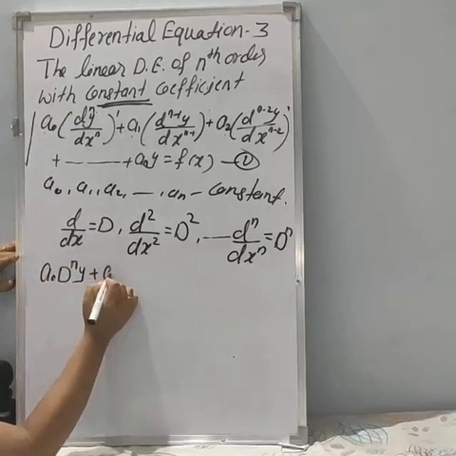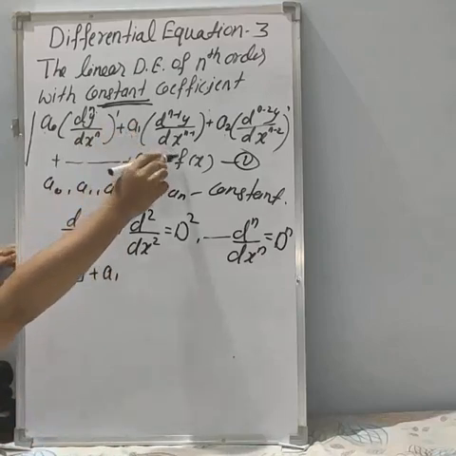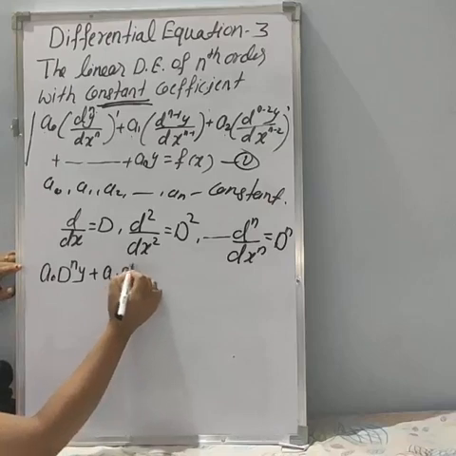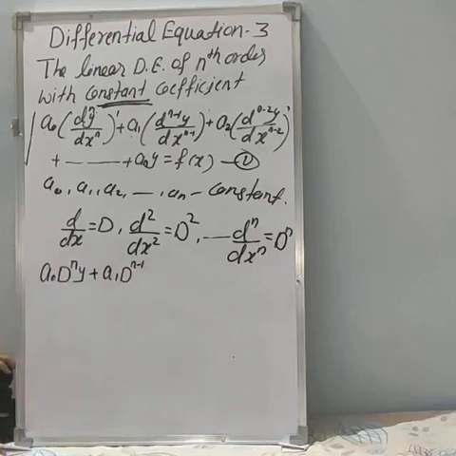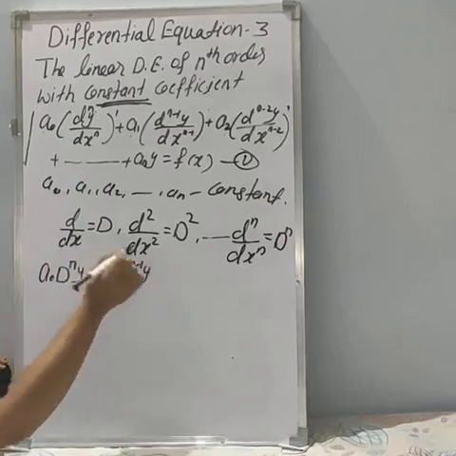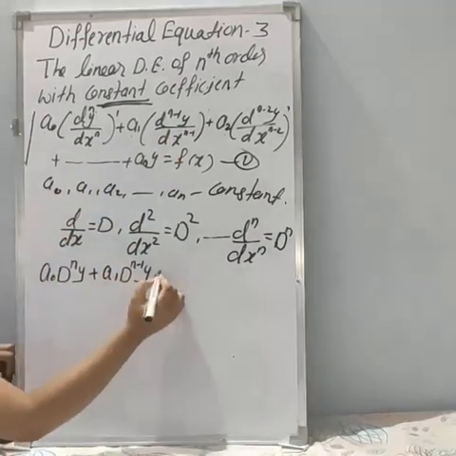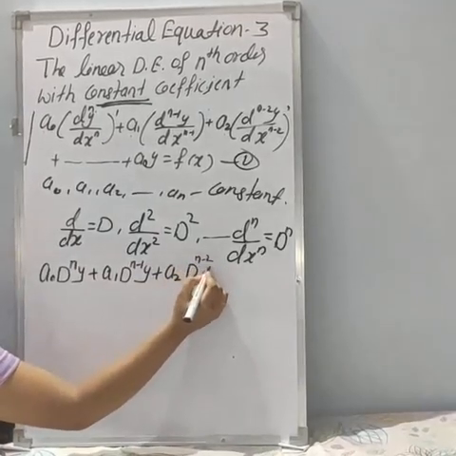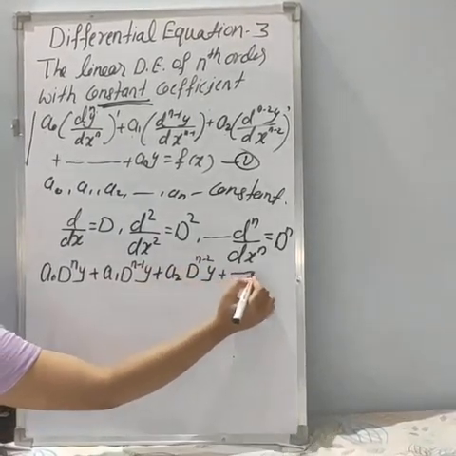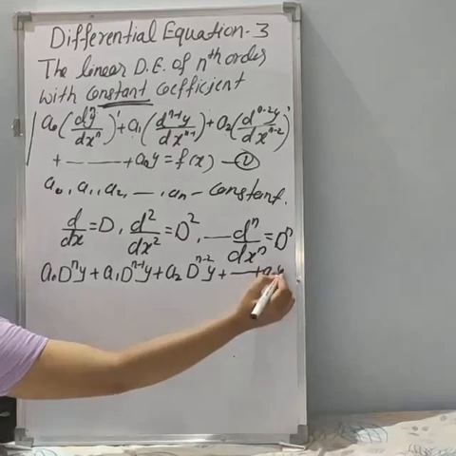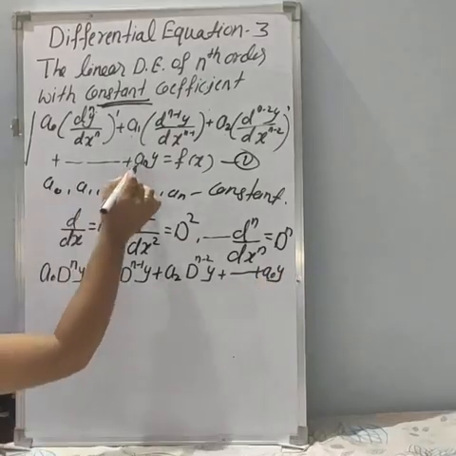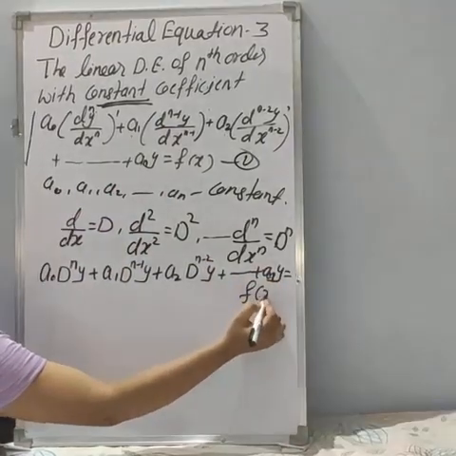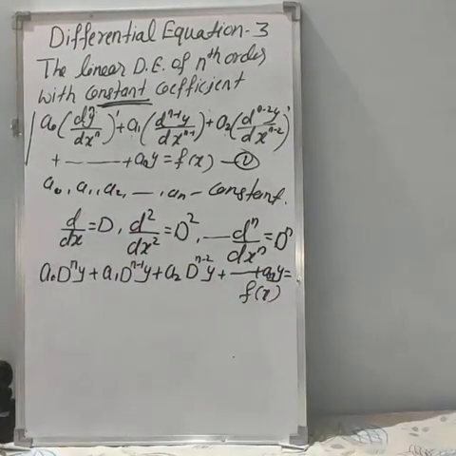Next, plus a1 d raised to n minus 1 divided by dx raised to n minus 1, so here it is capital D raised to n minus 1. Again we are differentiating y, don't forget to write this y. Similarly we will get a2 capital D raised to n minus 2 y, plus so on. Our last term is an y. This is equal to f of x. So this is your first step.